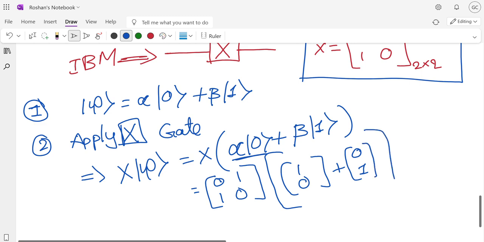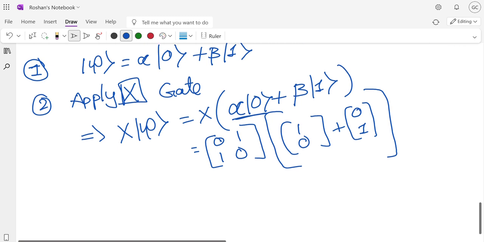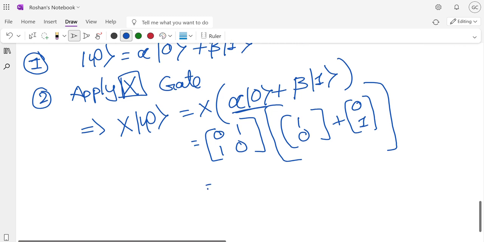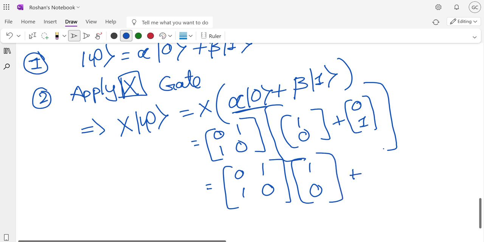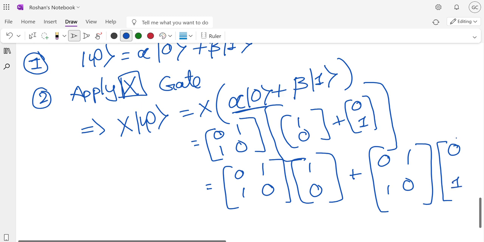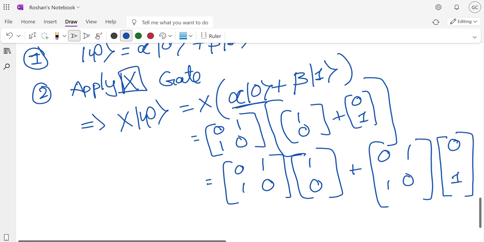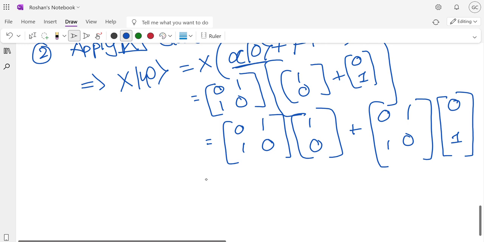Now what happens? [0, 1; 1, 0] times [1, 0] plus again the X gate [0, 1; 1, 0] into beta times [0, 1]. From here onwards, it is purely matrix multiplication calculation.